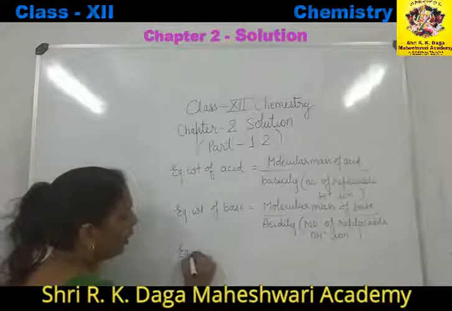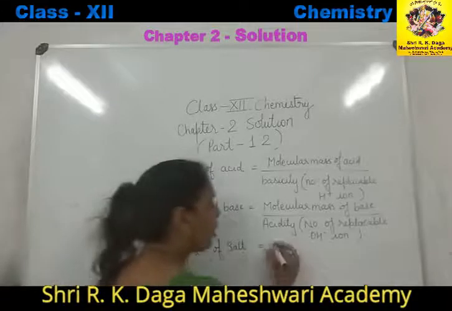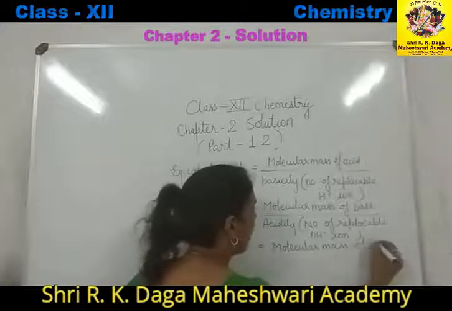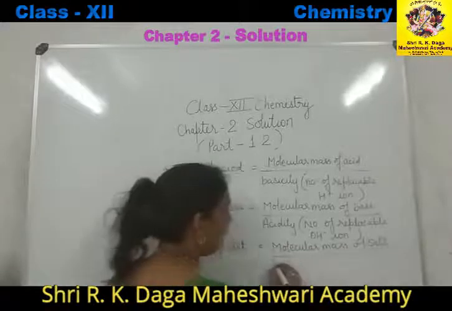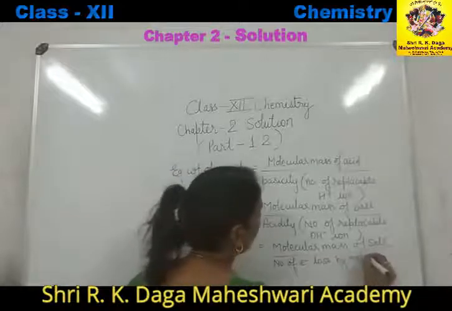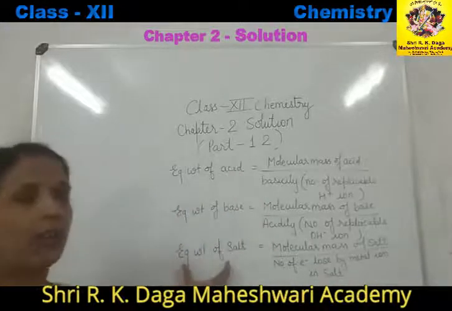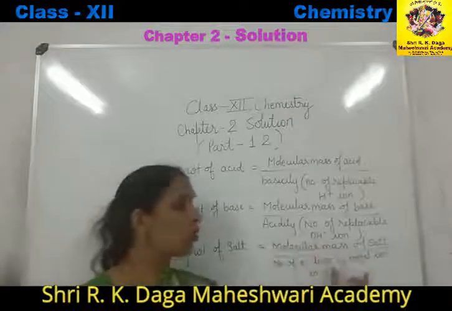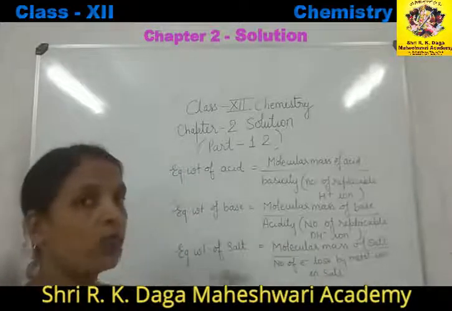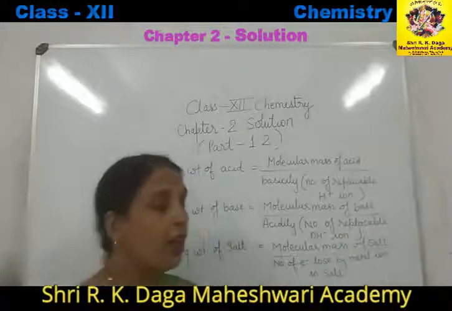Similarly, to calculate the equivalent weight of a salt, our formula is molecular mass of the salt divided by the number of electrons lost by the metal ion in the salt.